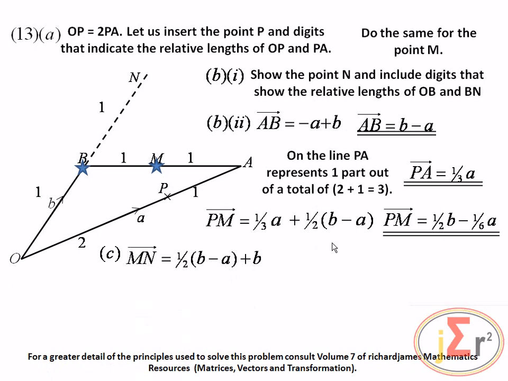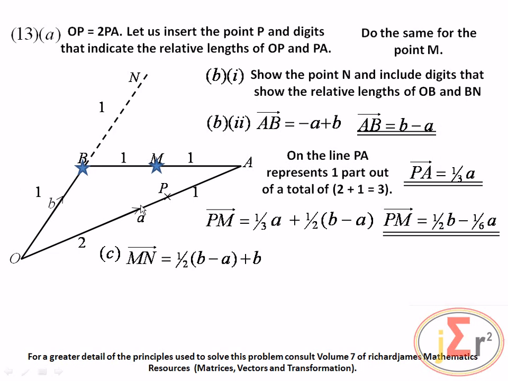Next, we will prove that P, M, and N are collinear. Have we calculated any vector apart from PM? What about MN?